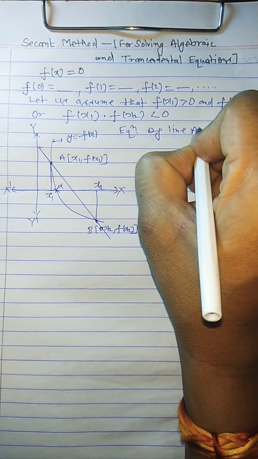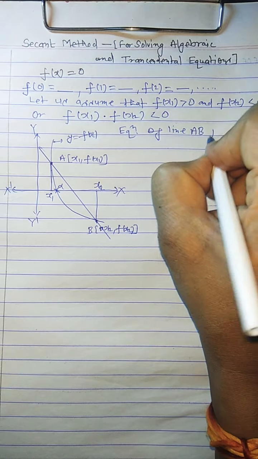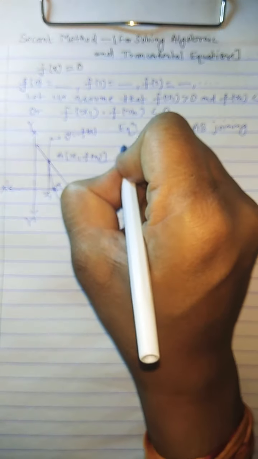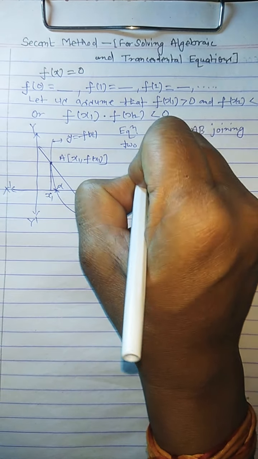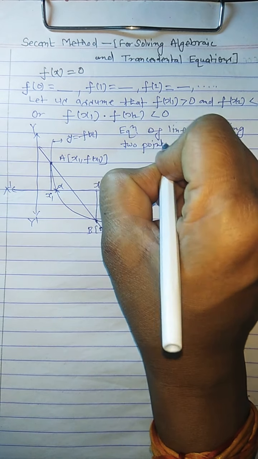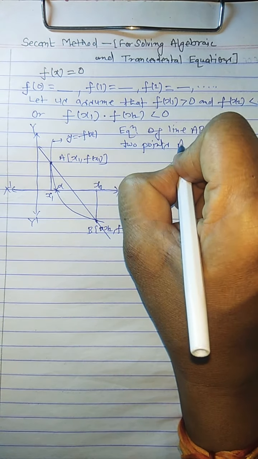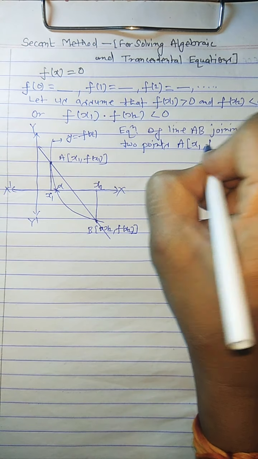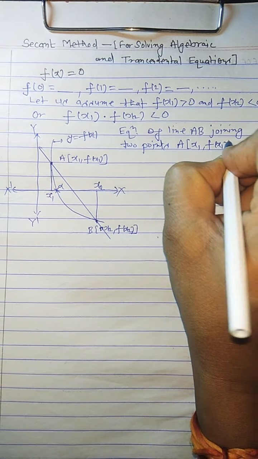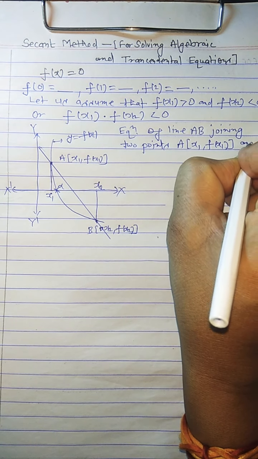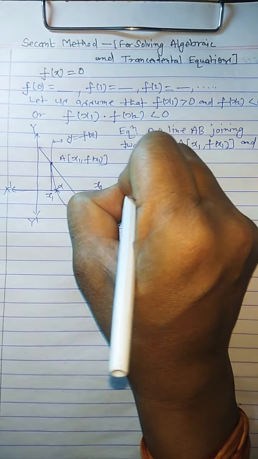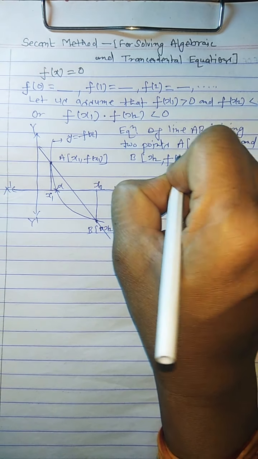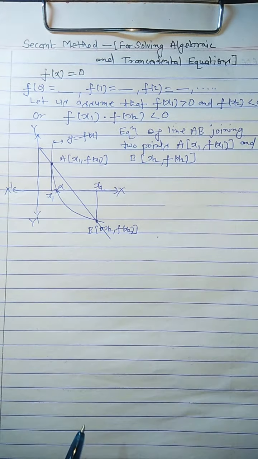The line AB joins the two points (x1, f(x1)) and (x2, f(x2)).